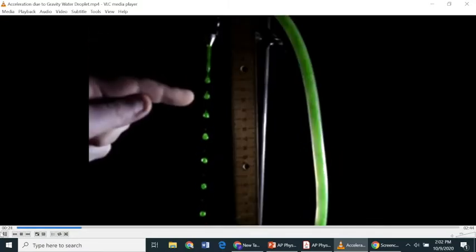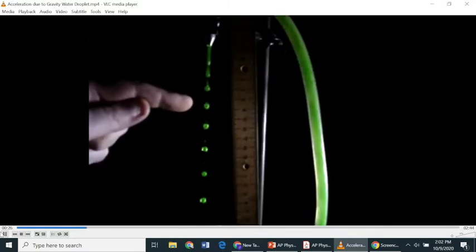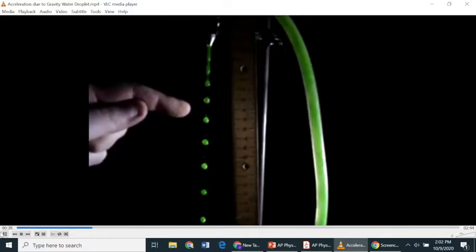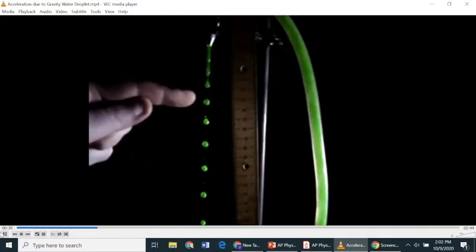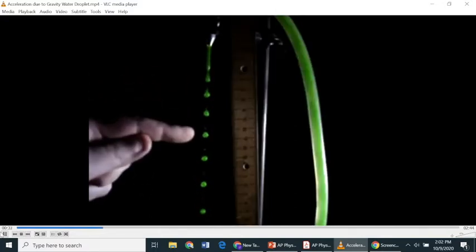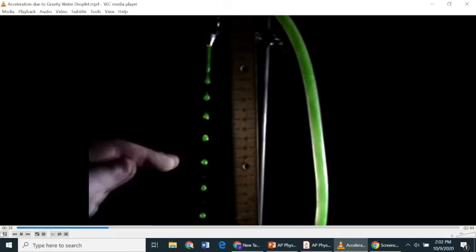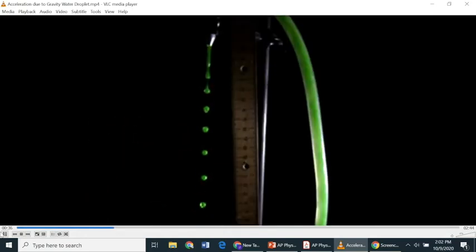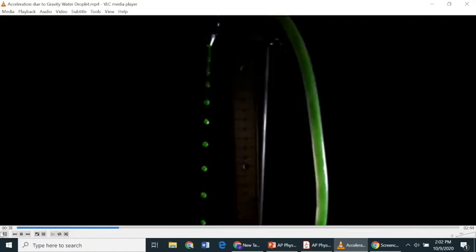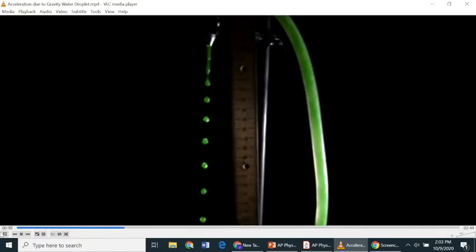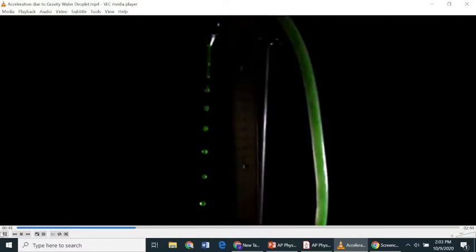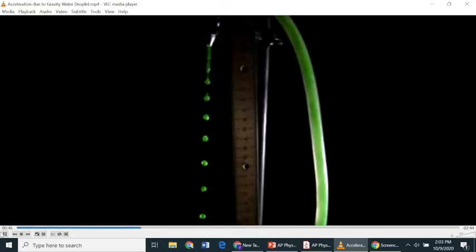If you use the frame rate on the camera and fine-tune the flashing of the lights, basically every time the camera is taking a picture, the light lights up the droplets, and they can be configured in such a way to make it look like they're in slow motion.